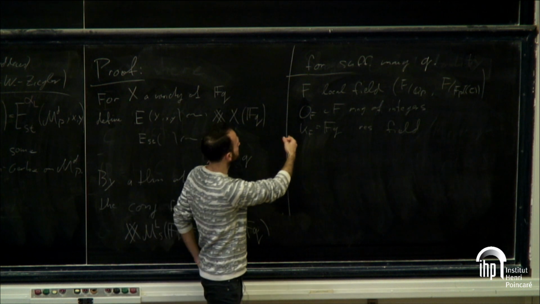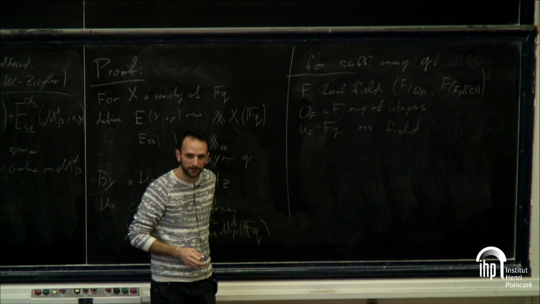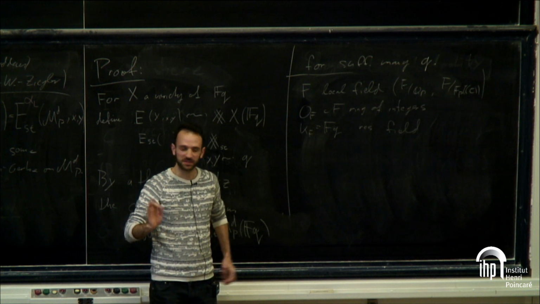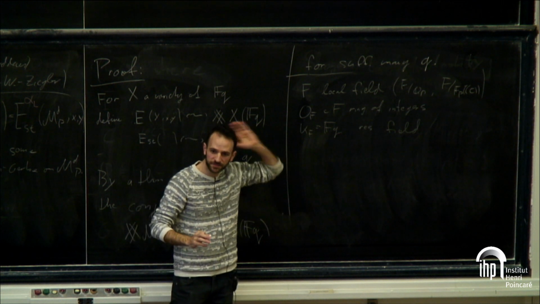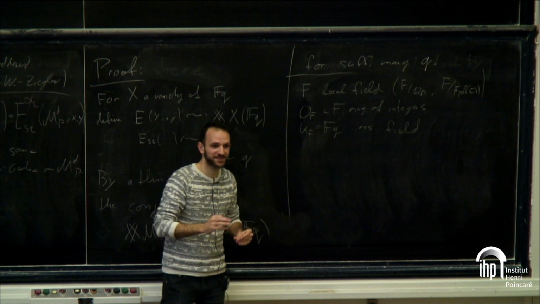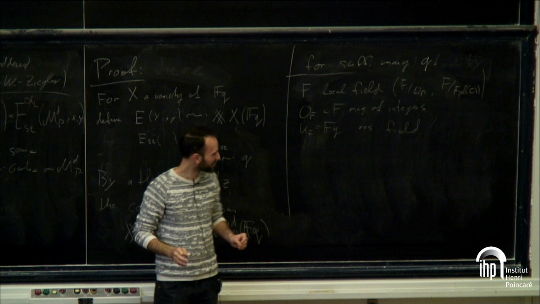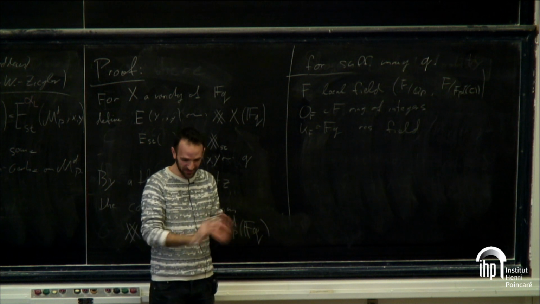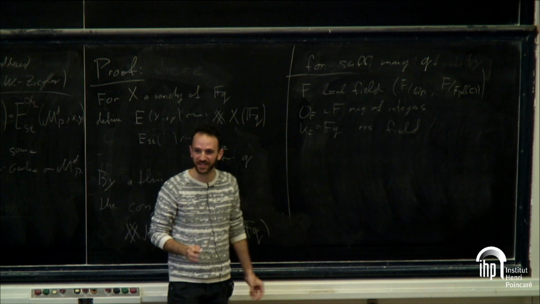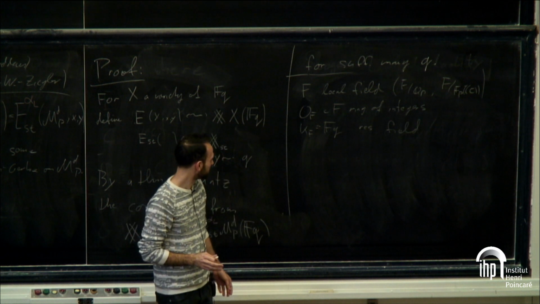If I have some variety over O_F, I look at its points. This is sort of, in a naive sense, a p-adic manifold. And if I have some differential form, not as in the talk we saw before, just on the nose, you take an honest differential form and just integrate it. You get some real number. And that's what I understand with p-adic integration.